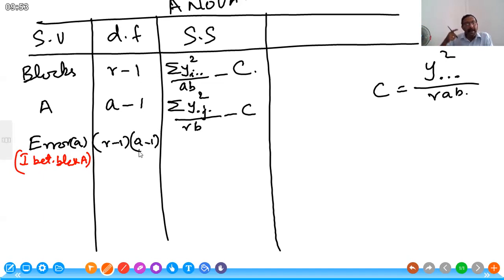Can you remember the interaction effect? How did we calculate for AB interaction in the factorial? Same thing.